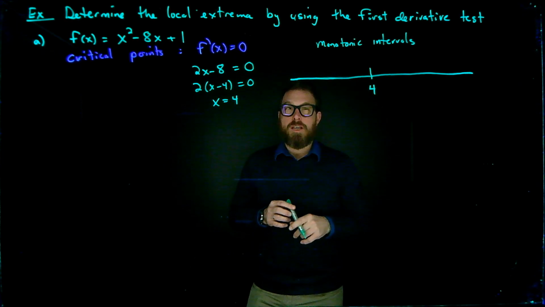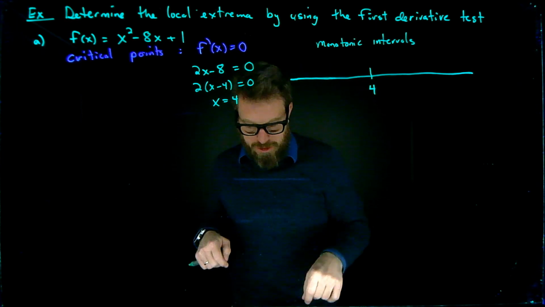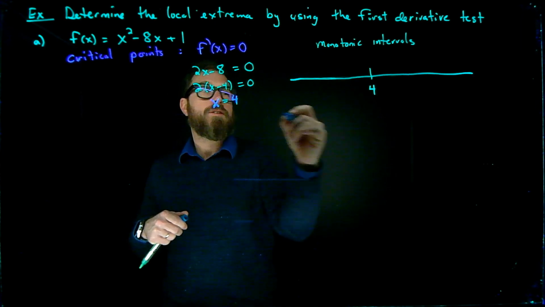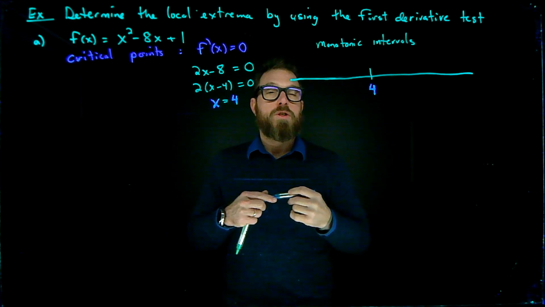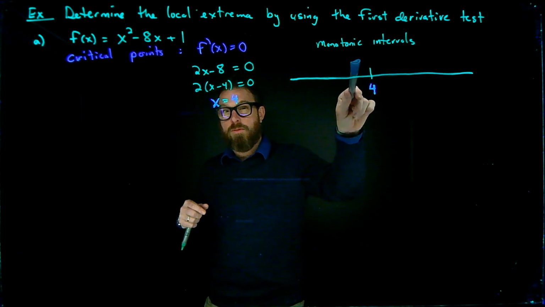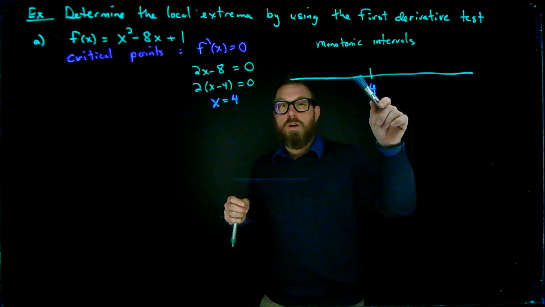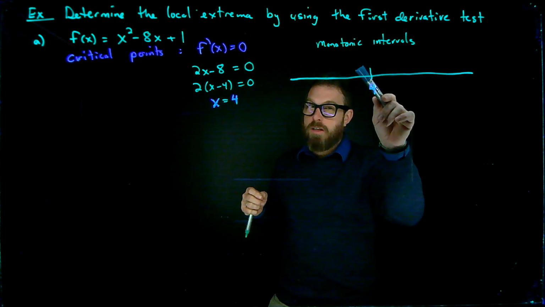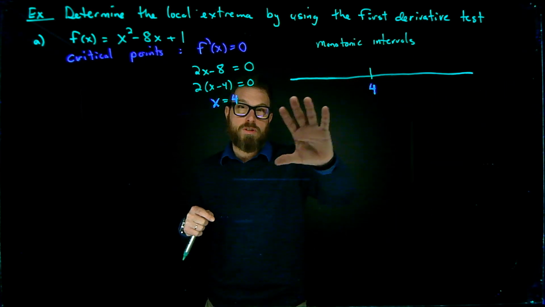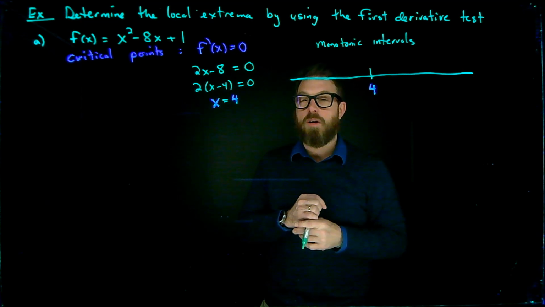From these intervals, what I know is that this is that critical value of x equal to 4, which means this is the only spot where the derivative is equal to 0. So either before is always increasing, or before it's always decreasing, and after will always be the other. So the only spot it's going to switch from increasing to decreasing or decreasing to increasing is at that particular value there.